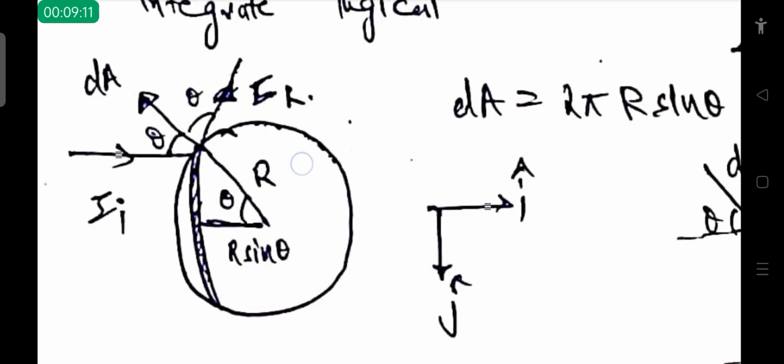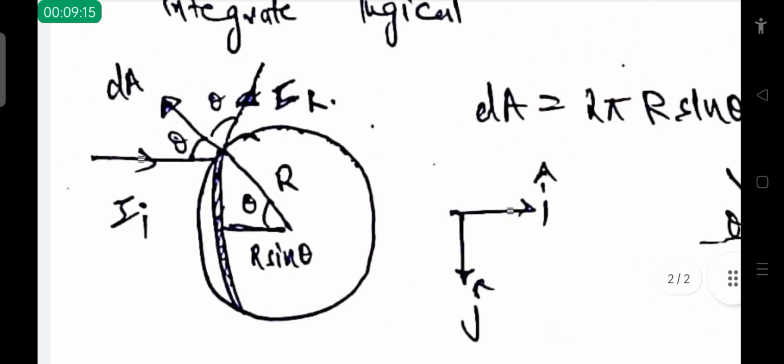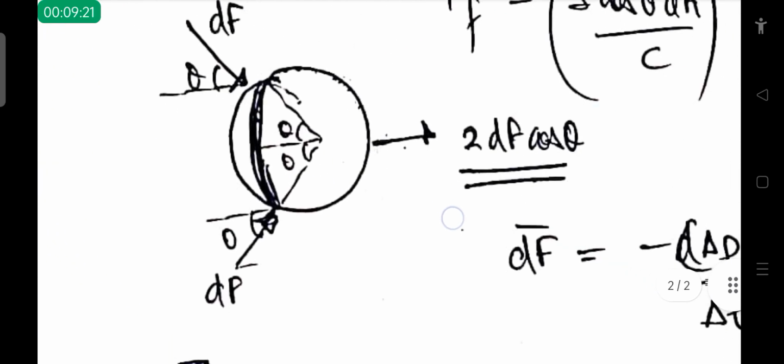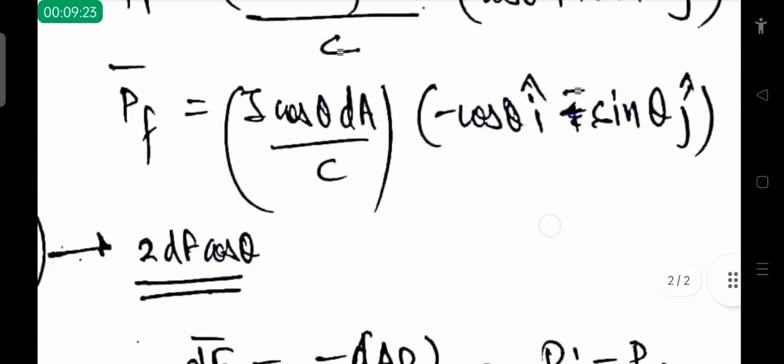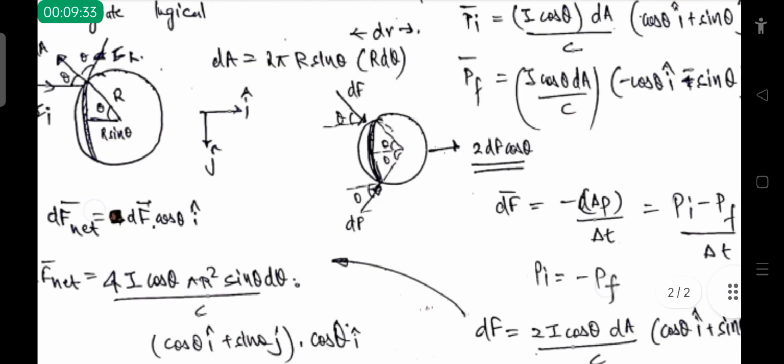So if we resolve it, the components will be along negative i cap and negative j cap. One will be towards left and one towards right. So if we follow this convention, it will be minus cos theta i cap minus sin theta j cap.